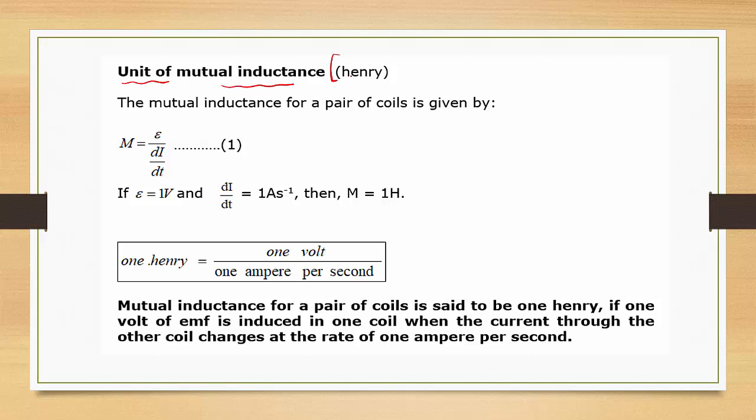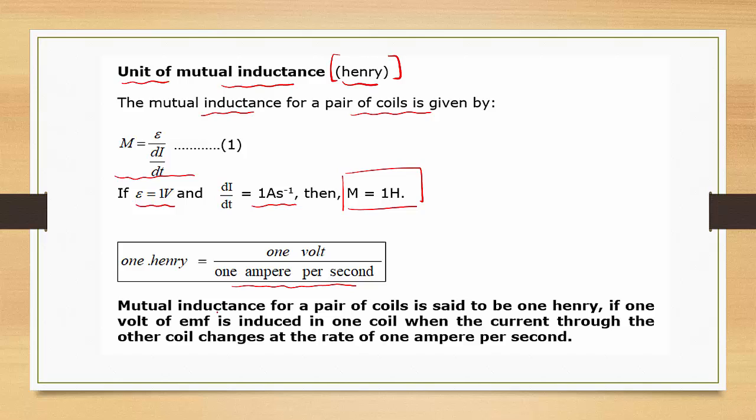The unit of mutual inductance is Henry. The SI unit of self-inductance and mutual inductance, simply inductance, is Henry. The mutual inductance for a pair of coils is given by M equals E divided by dI by dt. Suppose E equals 1 volt and dI by dt equals 1 ampere per second, then M equals 1 Henry. So 1 Henry equals 1 volt divided by 1 ampere per second.